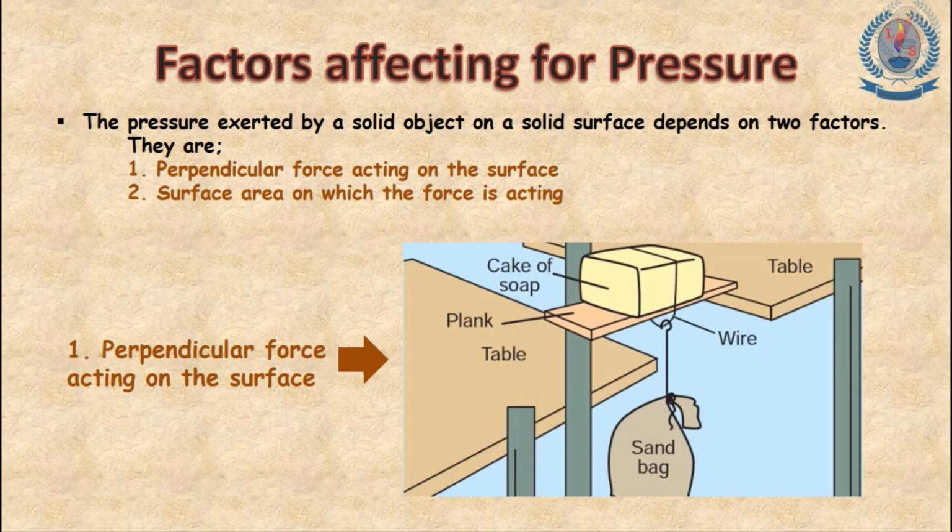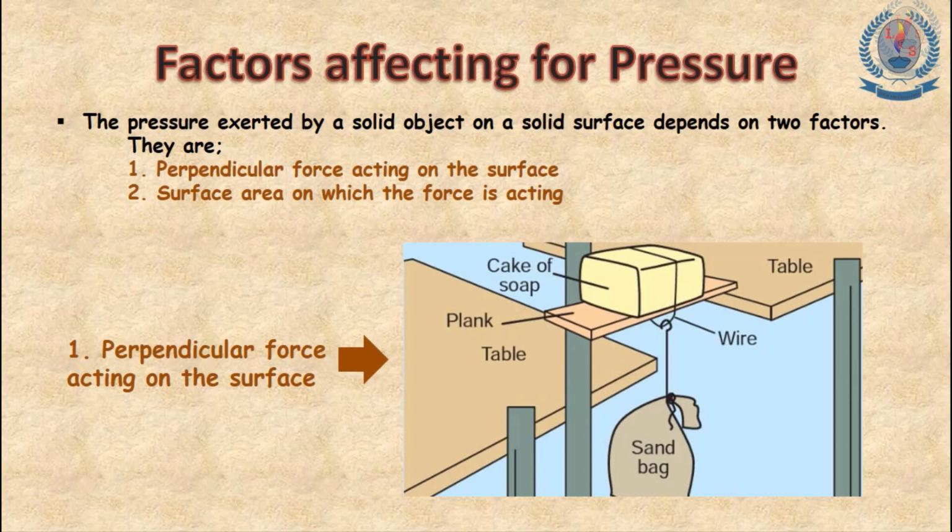And you need to tabulate your readings, and you can see when we increase the number of bags which hang, the time taken to pass is very less. It means when we are increasing the force on the same surface area, it is a reason to increase the pressure.